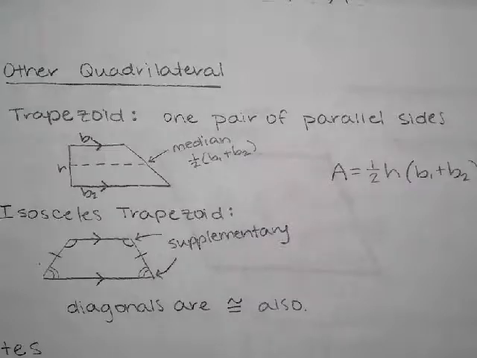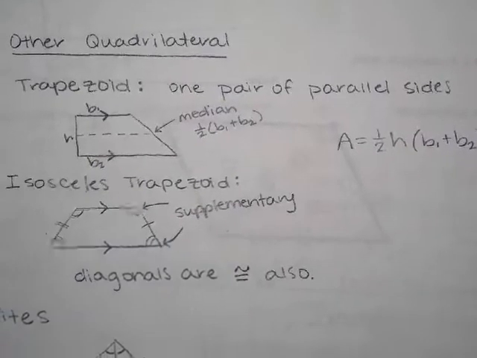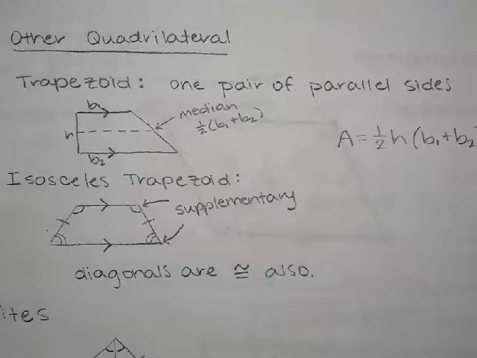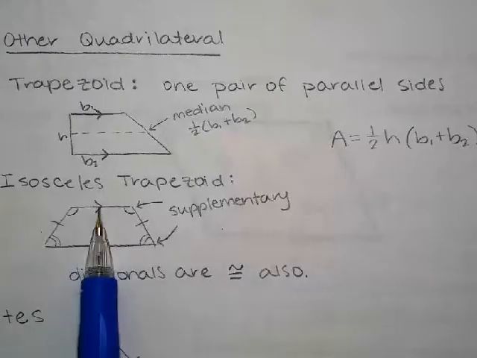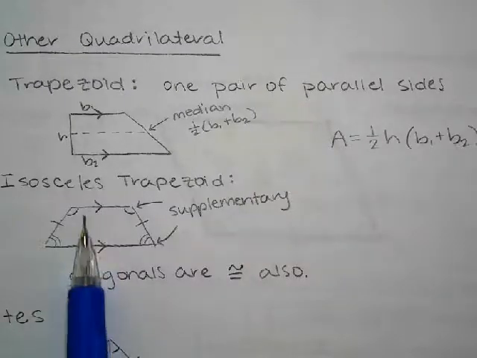Okay. Are there any markings on the isosceles trapezoid that are confusing that I need to explain? So this tells us that the top and the bottom are parallel. It's called an isosceles trapezoid because this side and this side are the same length.